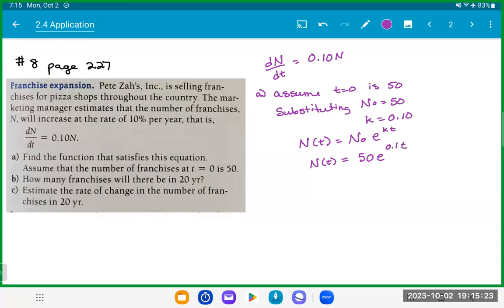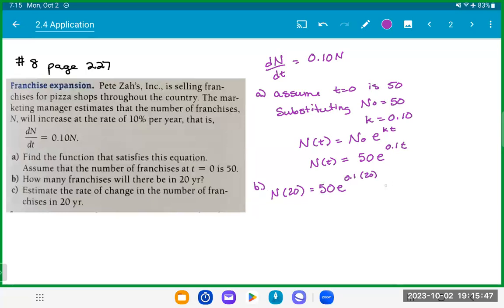Okay. So in part B, when it asks us to determine the number of franchises that there will be in 20 years, we really just have to take our formula and substitute in 20 years from now. And so that is 50 times e raised to the 0.1 times 20.